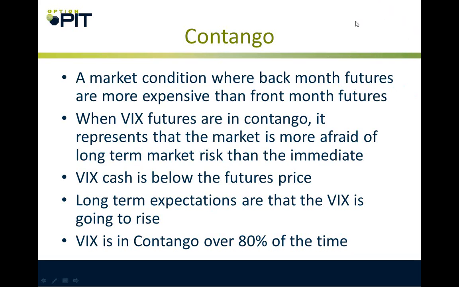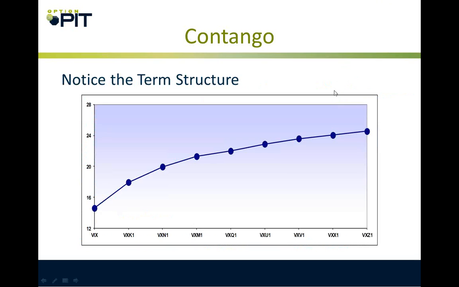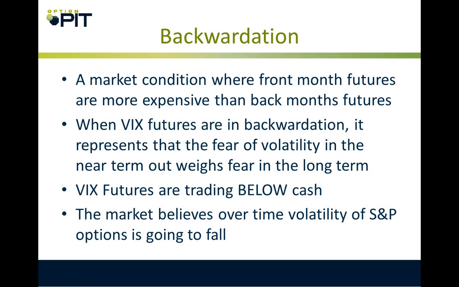VIX is in contango over 80% of the time. All right, so it's almost always in contango. So this is a VIX curve. That is contango. So now backwardation.